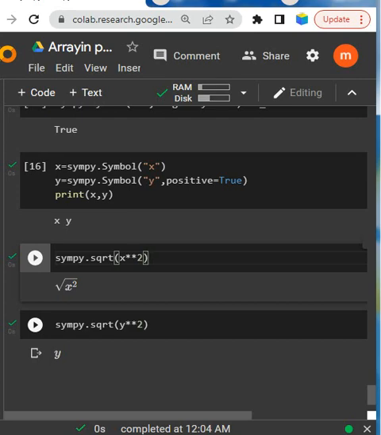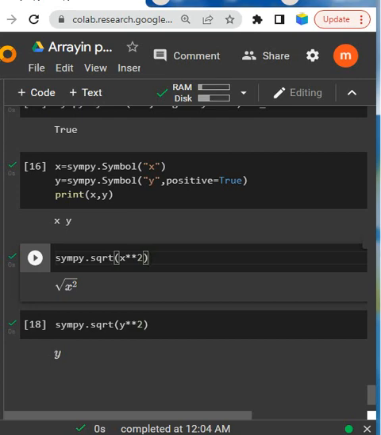If on the other hand the symbol is known to represent a positive number, then obviously the square root of y squared will be y, and sympy correctly recognizes this in a different way.